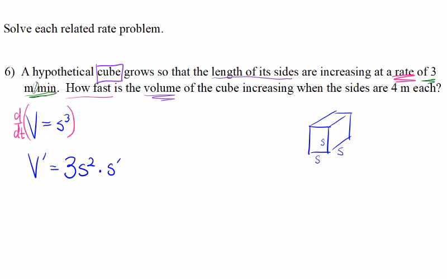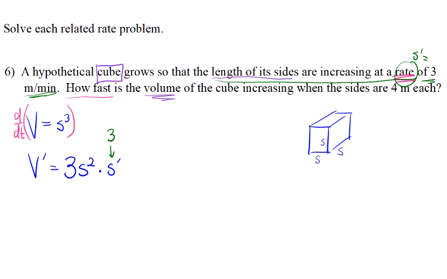So whenever we have a per situation, or whenever they use the word rate, that means that's going to be one of the primes, so it's either going to be V prime or S prime. And it says the lengths of the sides are increasing at that rate, so that means this 3 is going to be S prime, the rate of change of the length of sides. So we're going to put in 3 for S prime.